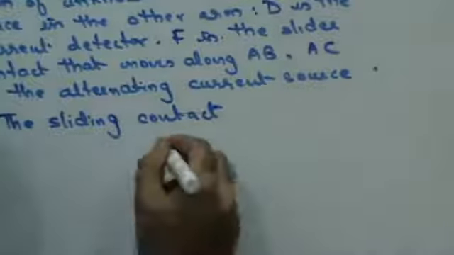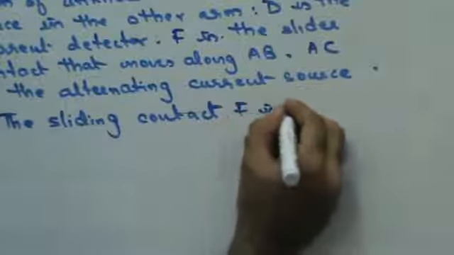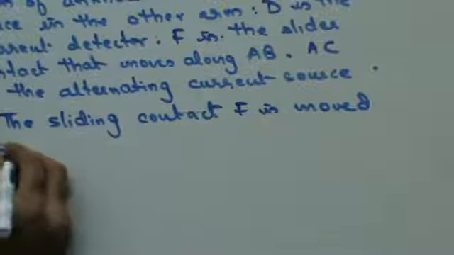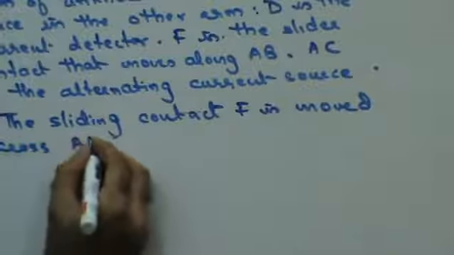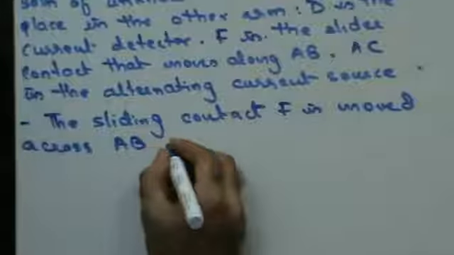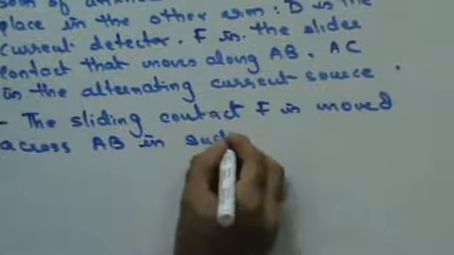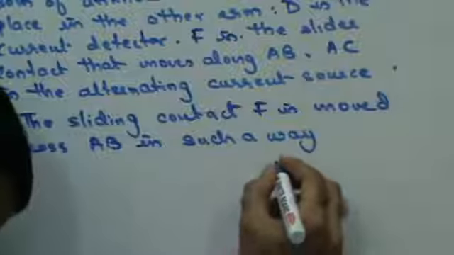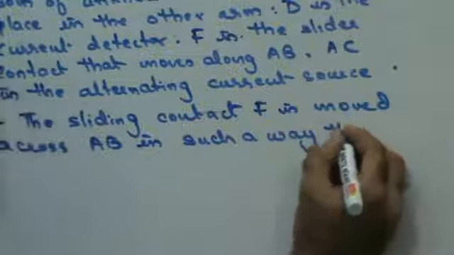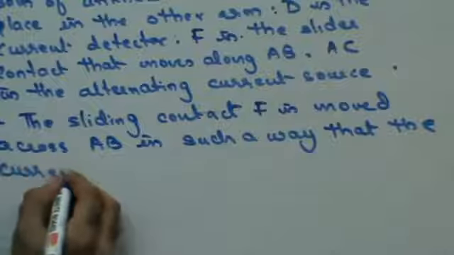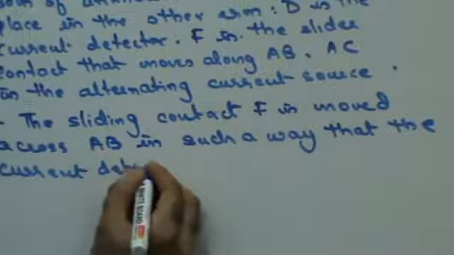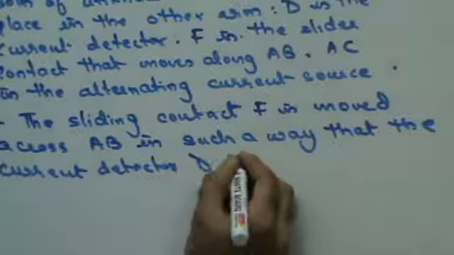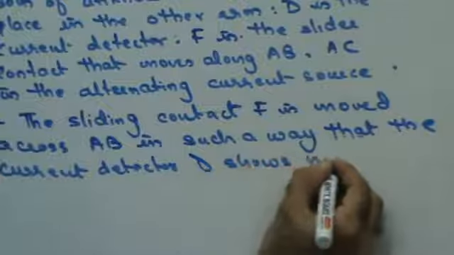The sliding contact F is moved across AB in such a way that the current detector D shows no current.